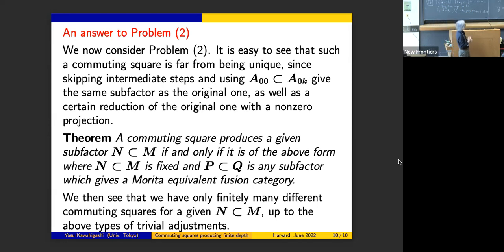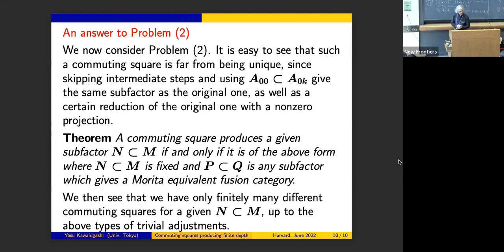But now P in Q is an arbitrary subfactor, which should give a Morita equivalent fusion category to the given subfactor N in M. Then we have in this setting two subfactors, N in M and P in Q. One is given, one is arbitrary. But this arbitrary one must be related to the given one through Morita equivalence.